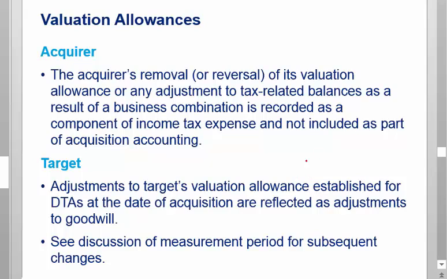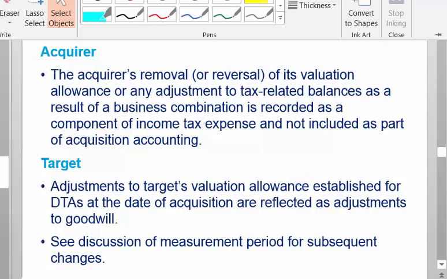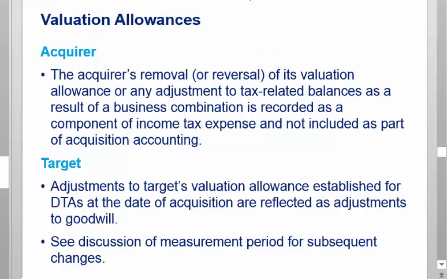Valuation allowances. So valuation allowances in purchase accounting can be really strange. Let's do target first. Let's say you bought a target company and it had NOLs and it was a hopeless loser, and you're a hopeless loser. You just decide you would be better together, right?